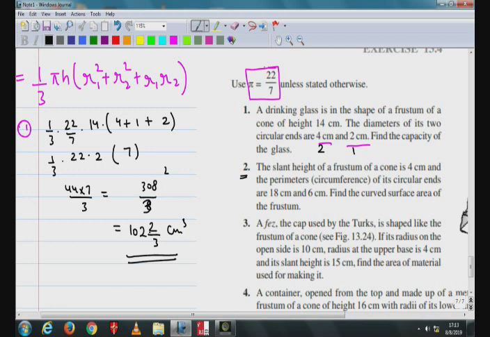Perimeter means perimeter of the top and perimeter of the bottom. Circumference of the top circle and the bottom circle are this and this.